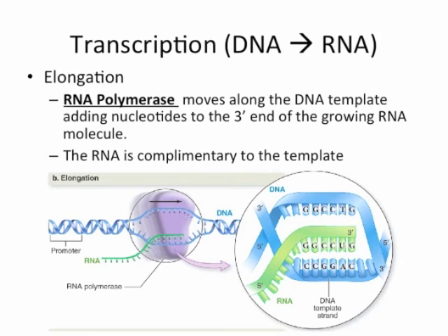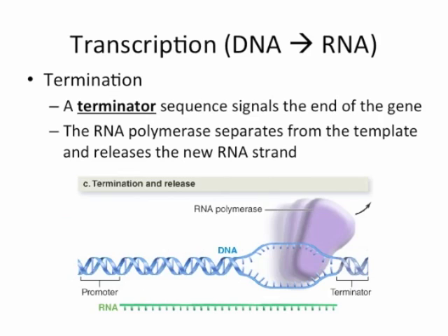Okay, so this will keep going until it reaches another specialized region of DNA called the terminator sequence. The terminator sequence will signal the end of the gene. So the promoter sequence signaled the start of the gene.